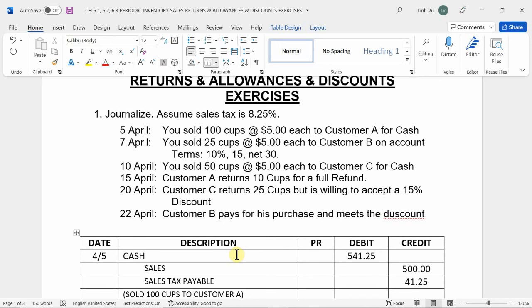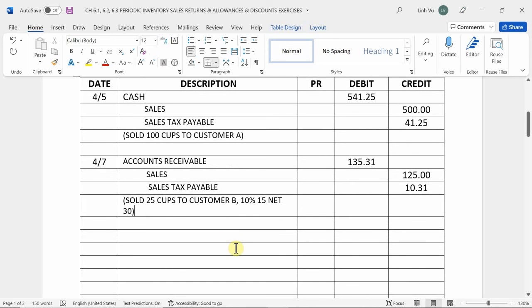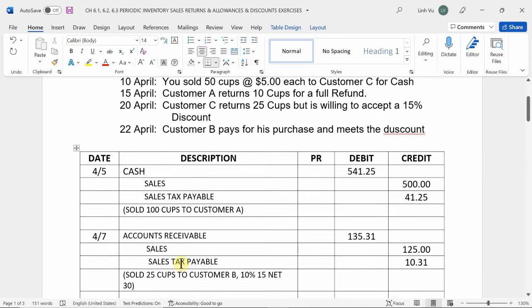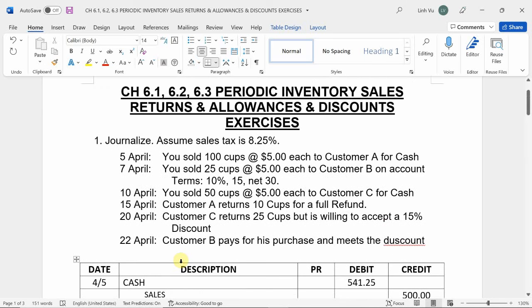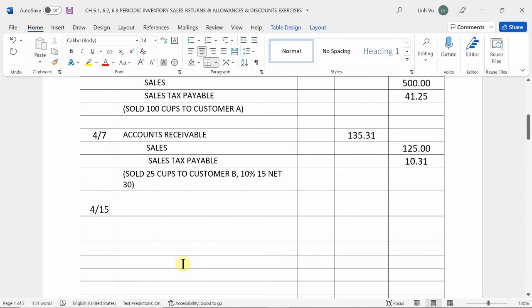Then right here on April 10, you sold 50 cups at $5 each to customer C for cash. Okay? So what happened here? We received cash.